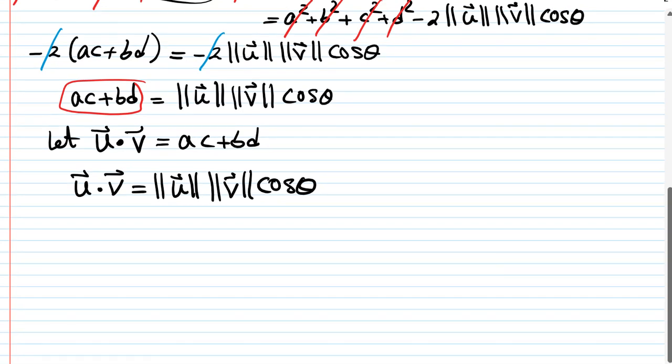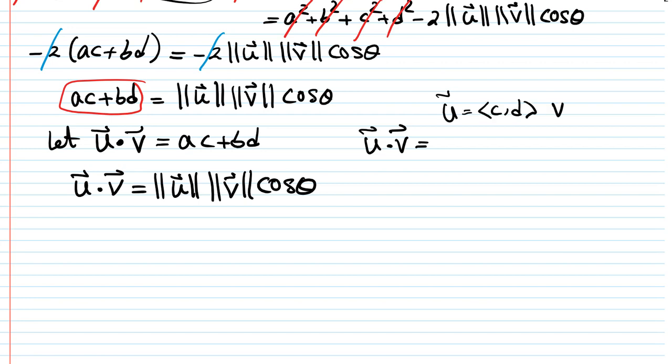Now I'm going to give you the formula that's in the book. U dot v is equal to, and of course, again, vector u was CD, vector v is AB, and u dot v is the product AC plus BD. And this is all they tell you. That's it.